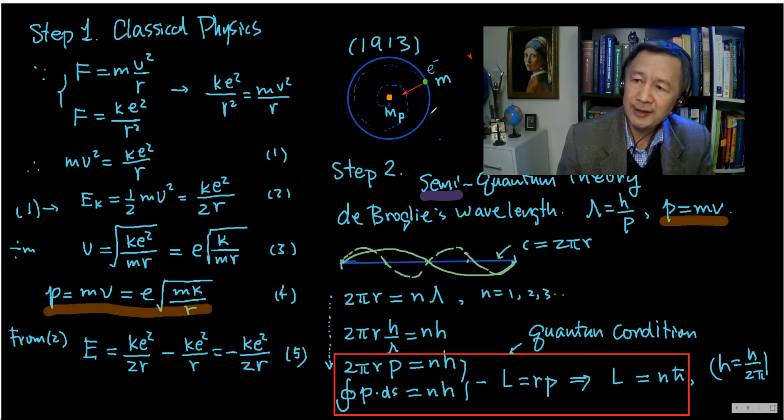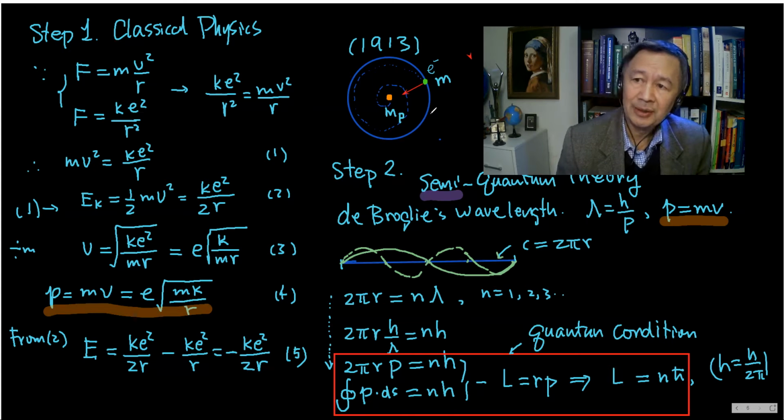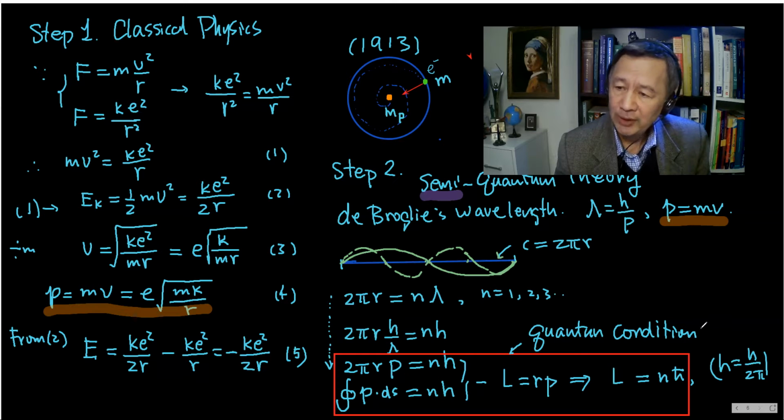But on the other hand, he also knows that there are some limitations, because as we explained last time, if we consider the electron as a charged particle with acceleration, inevitably it will emit electromagnetic waves, or radiation. So by introducing standing waves, Bohr argues that under these quantum conditions the electron will not emit.